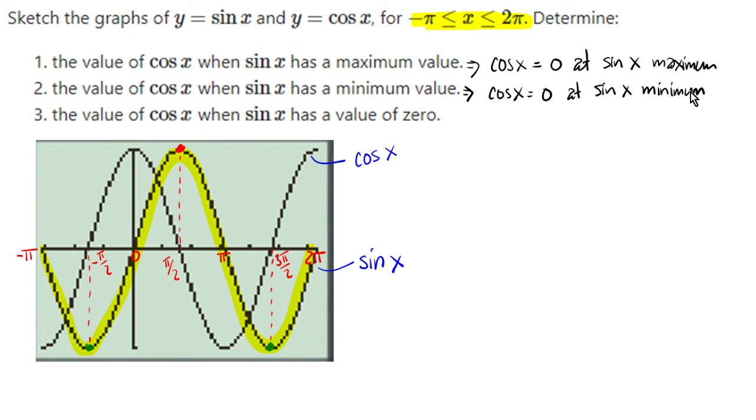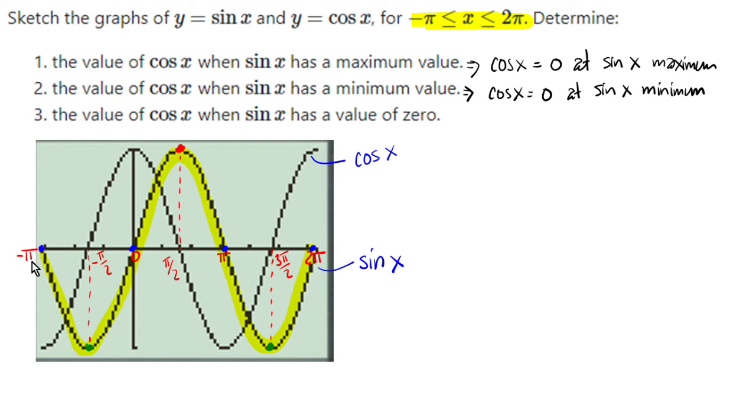And then finally, the value of cosine of x when sine of x has a value of 0. Sine of x has a value of 0 right there at the origin, right here, and right here, and this one here as well.